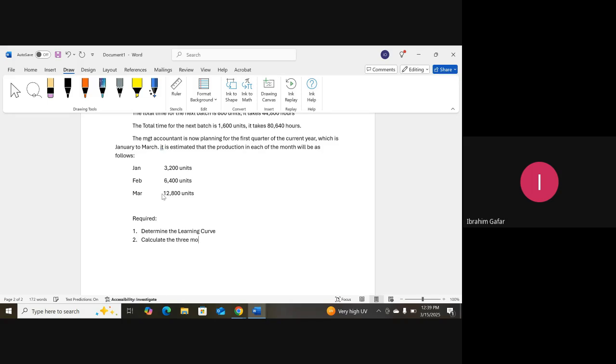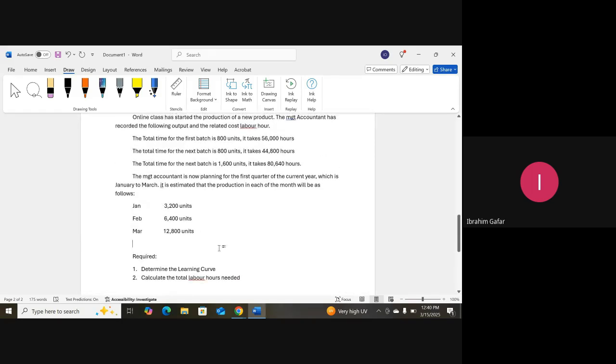Calculate the total labor hours needed for each of the 3 months, January to March.